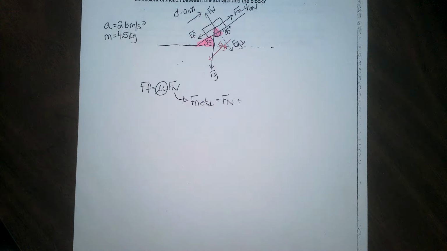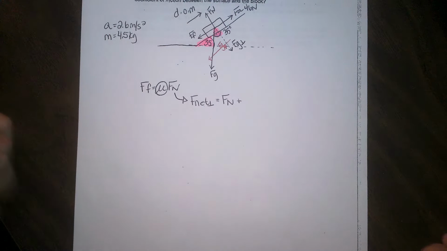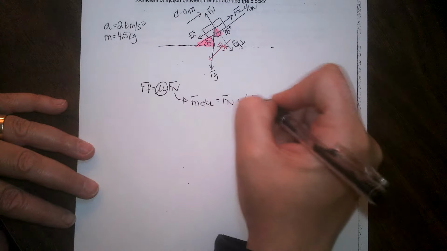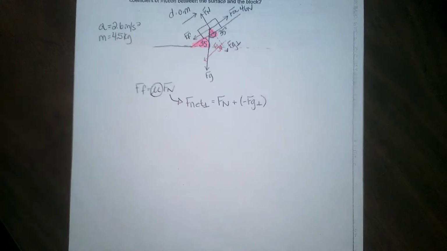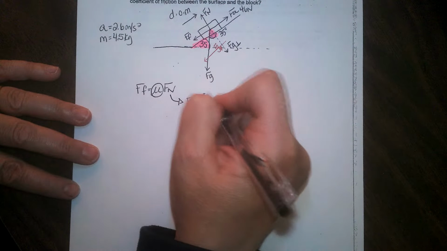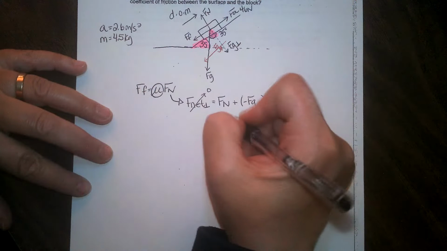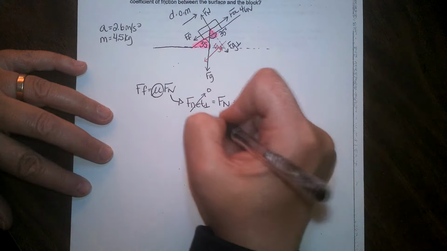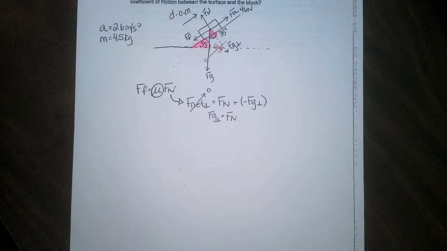What is the opposing force of force normal in our diagram? Right. Force of gravity perpendicular. Now, we said this box isn't levitating or going through the ground, which means that the force net is balanced. When our force net is balanced, it means that force normal is equal to force of gravity perpendicular. Right? They have to be equal to each other. One isn't stronger or weaker than the other.